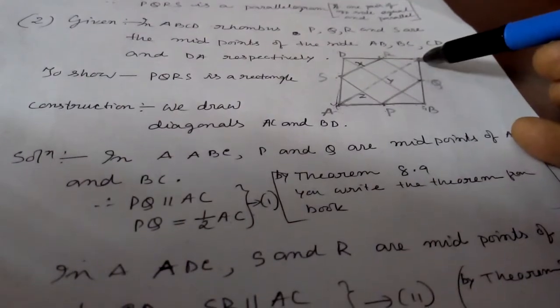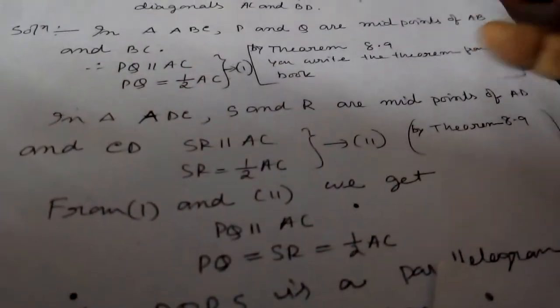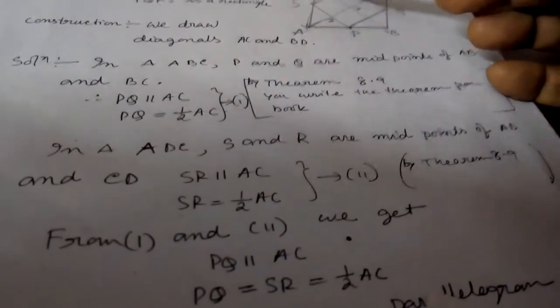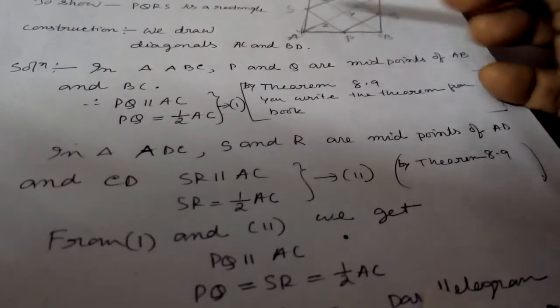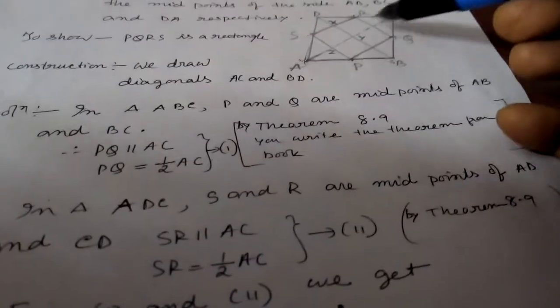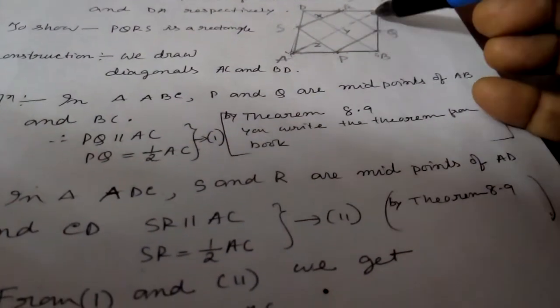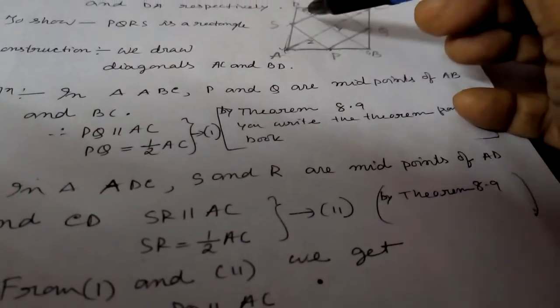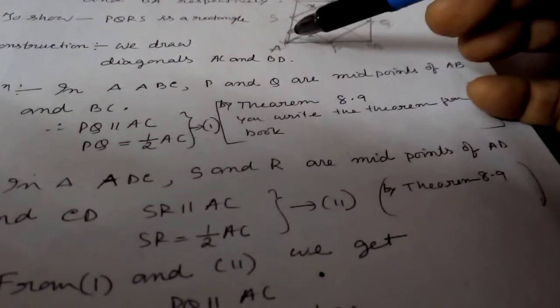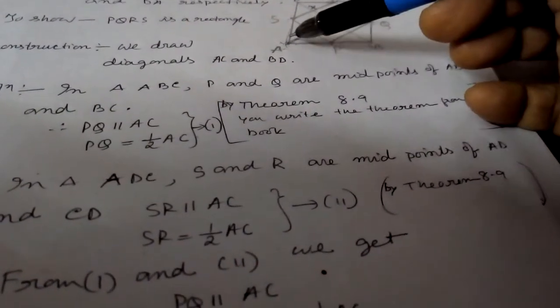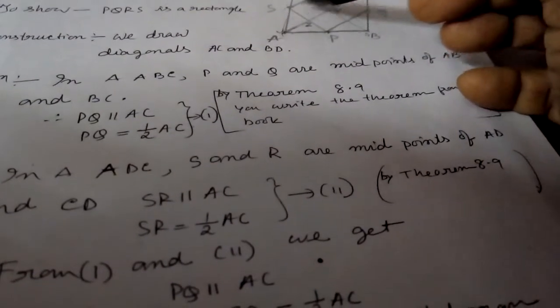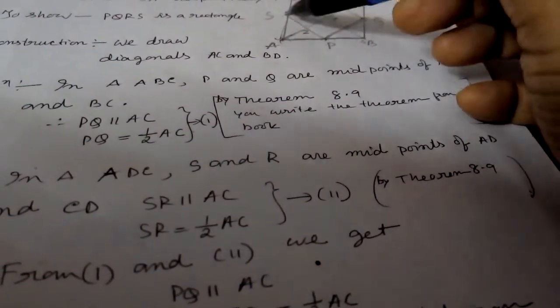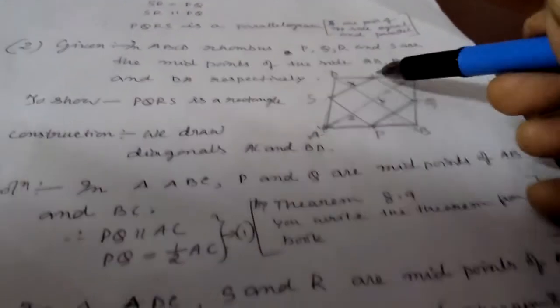From 1 and 2, we get that these two sides, PQ and SR, are parallel to AC and half of AC. They are parallel to the same line and half of the same line. So PQ and SR are parallel and equal.